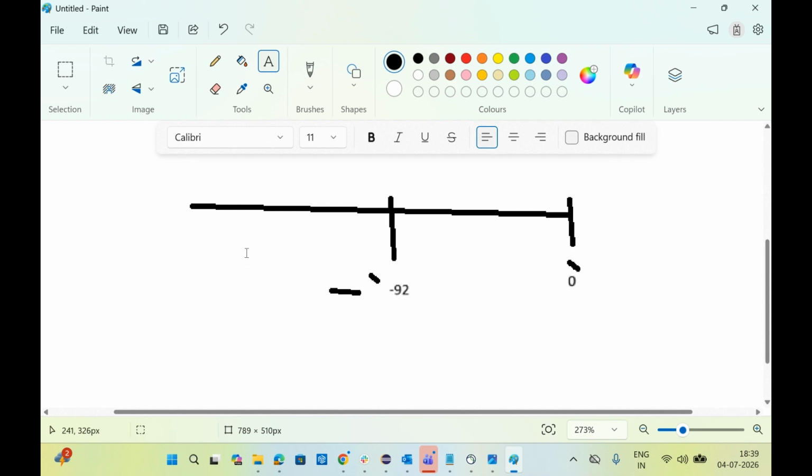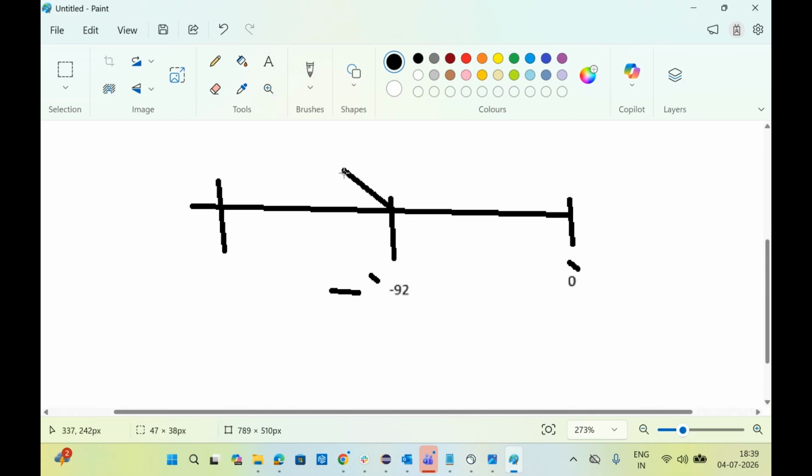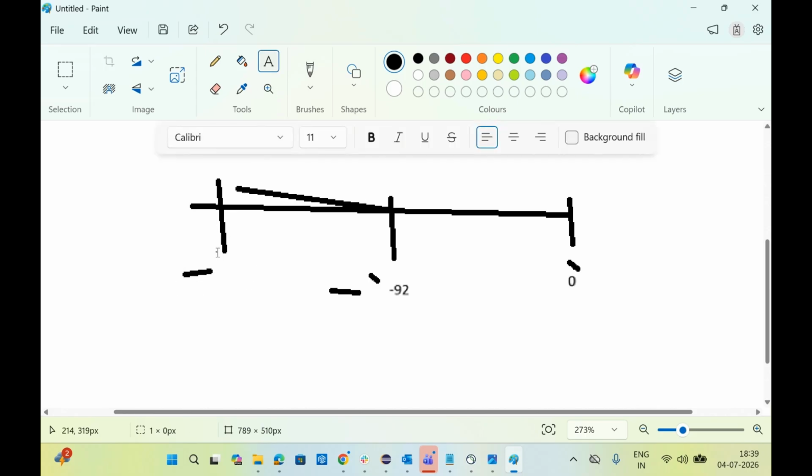So when you are going here, what will be that one? You're going from this point 8 steps like this, one, 2, 3. When you're going 8 steps here, now what will be here? The answer will be minus 100. Minus 92, minus 93, minus 94, like that, minus 100.